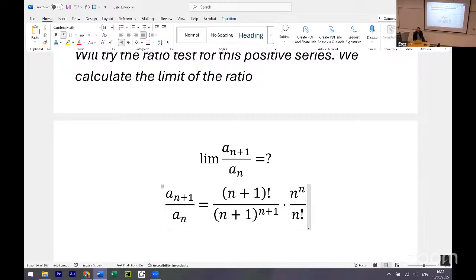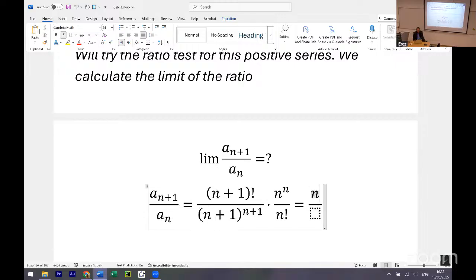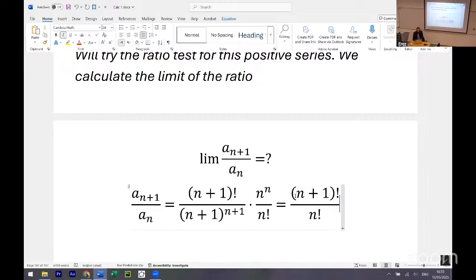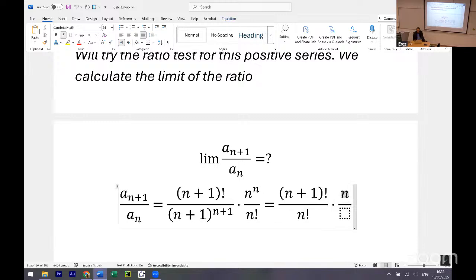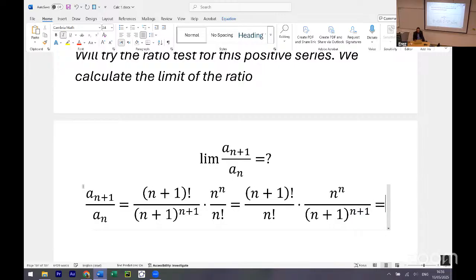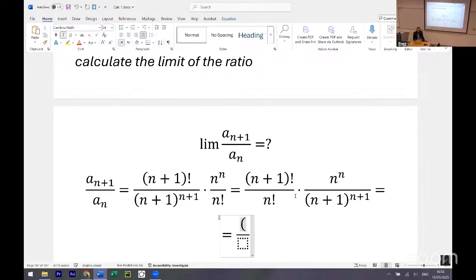That is equal to (n+1) factorial over n factorial times n to the n over (n+1) to the n+1. What is (n+1) factorial over n factorial? n+1. So it's n+1 times n to the n over (n+1) to the n+1.